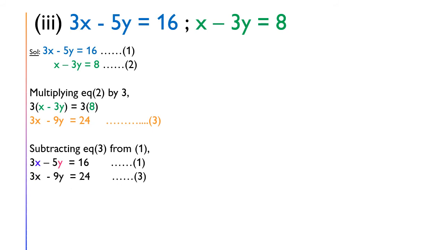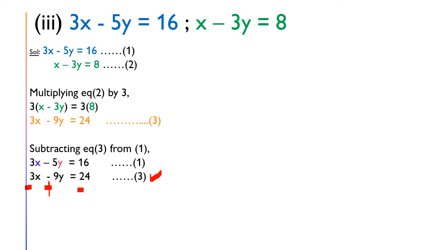Now whenever we are subtracting, children, whatever equation we write down as the second equation, the sign of that equation changes. Which means that positive 3x will become minus 3x, minus 9y will become plus 9y, and plus 24 becomes minus 24.